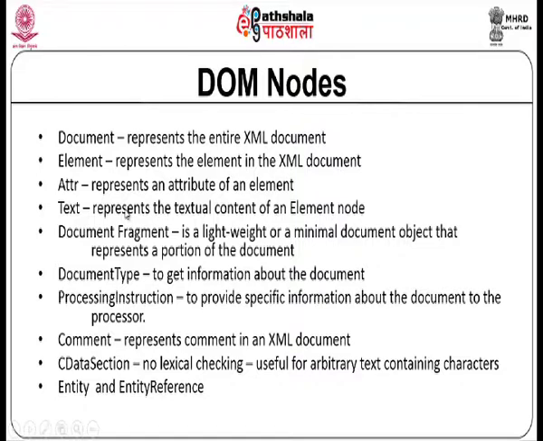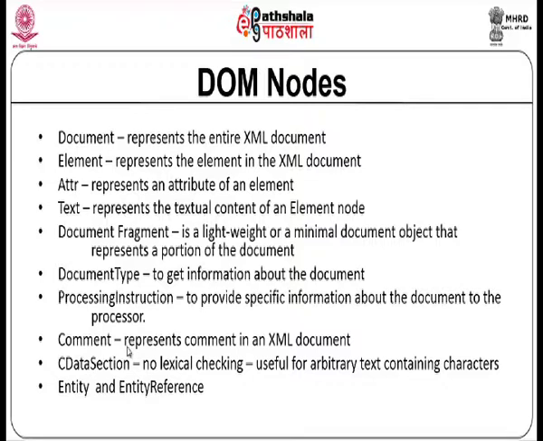The element interface is used for representing any of the elements, and attribute represents an attribute of an element. Text represents the textual content of an element node, and then you have processing instruction, which provides specific information about the document to the processor, and you have comments in your XML document.